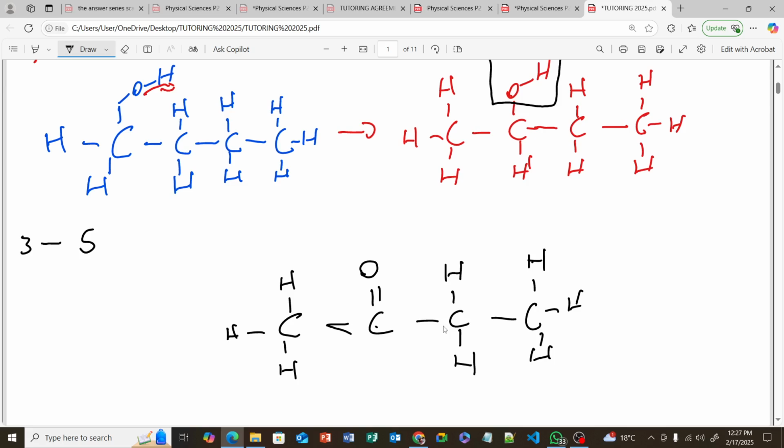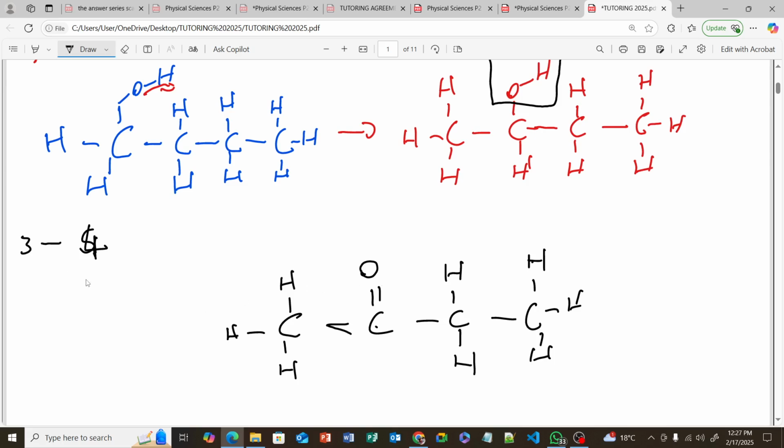So it's easier with ketones because it is always in the middle of the chain, never at the side. So it will always be at least position number 2 at the minimum. Now with 5 carbons, it's possible for it to be at position number 3 because there is a third carbon in the middle.